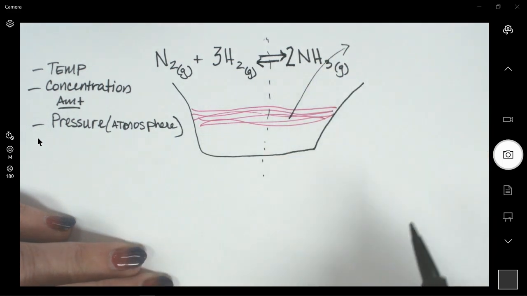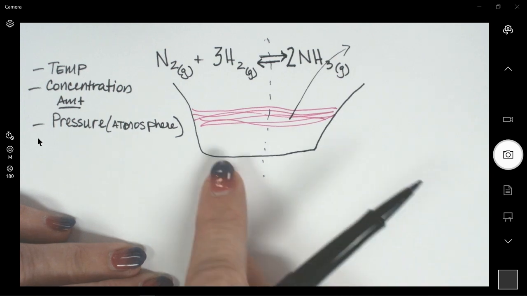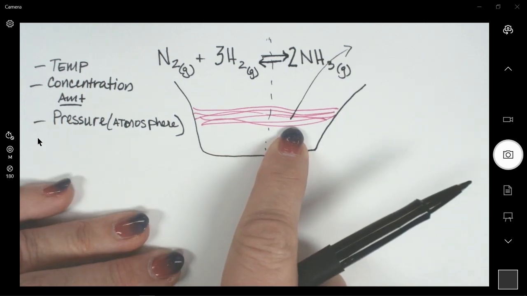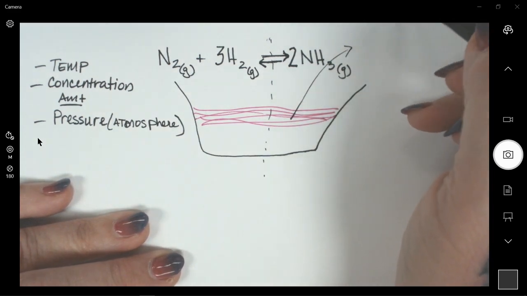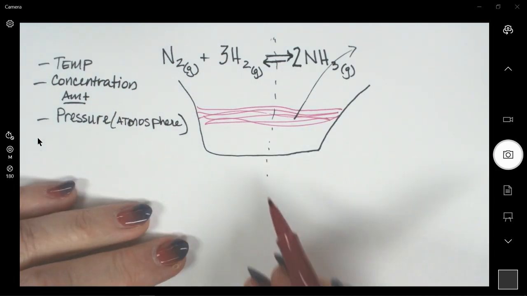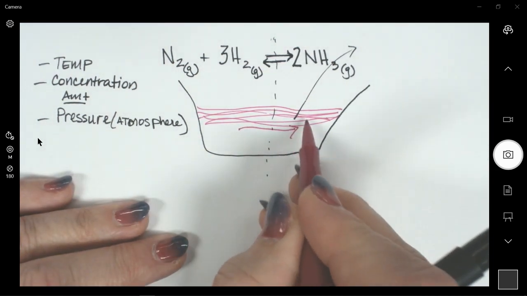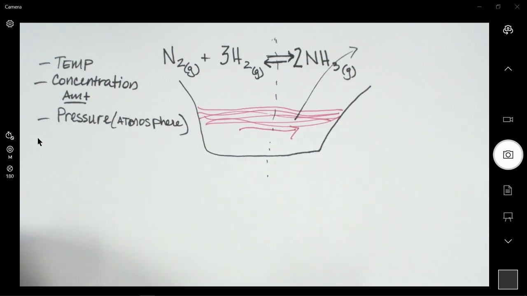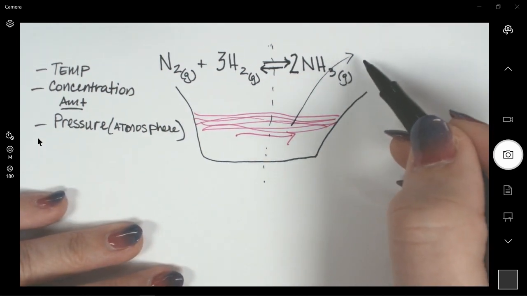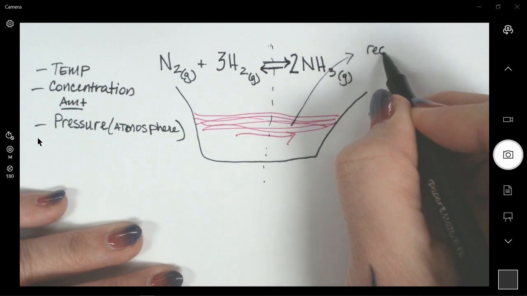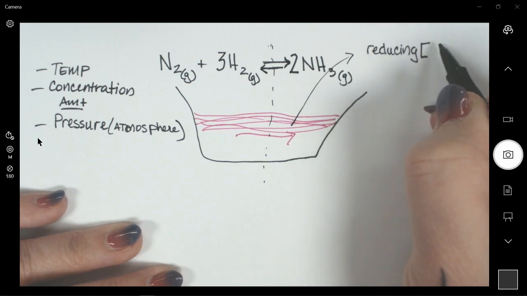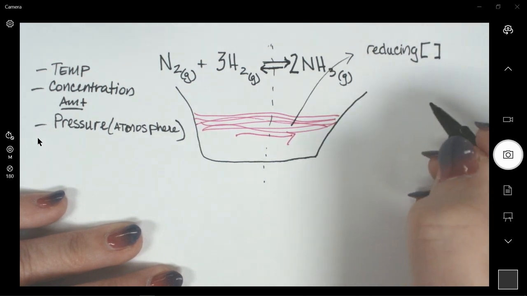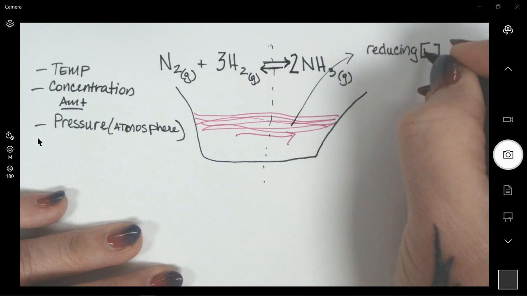Does that make sense? I'm sorry? Towards the area with less ketchup? Towards the area with less ketchup. Yes, so if you were to remove a big blob of ketchup here and it went into your mouth, the ketchup would flow and fill in that amount. Well, that is equivalent to reducing the concentration, square brackets means concentration, reducing the concentration of NH3.